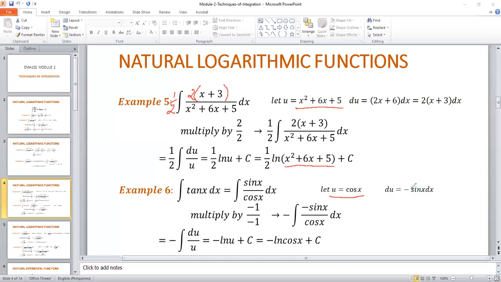So the du is negative sine x dx. The only thing that you lack in the numerator is the negative sign here. And since you place a negative sign here, you place negative 1 outside. Equivalent to multiplying your original expression by negative 1 over negative 1. So you only need the negative here, the negative 1 in the numerator. So you still have another negative 1 in the denominator. So negative ln of u. And what is your u? That's the cosine of x plus c.